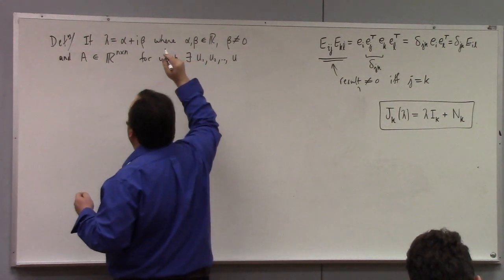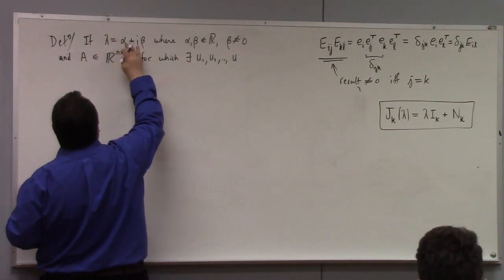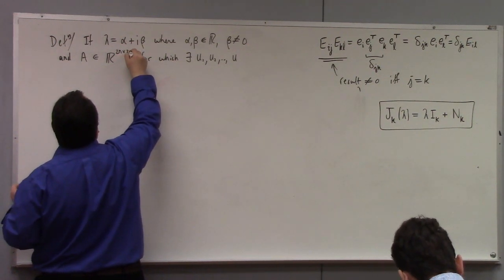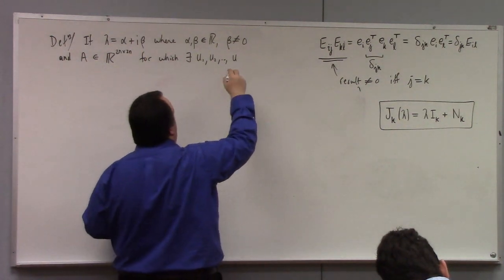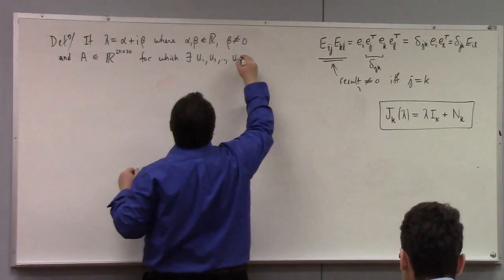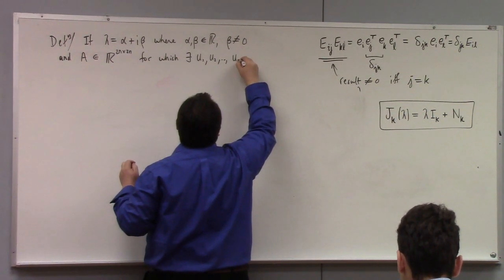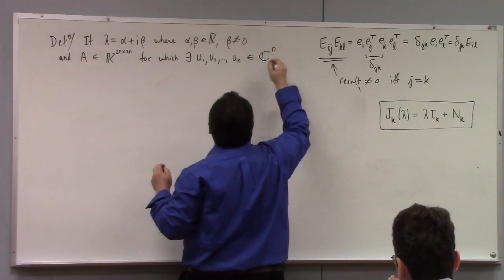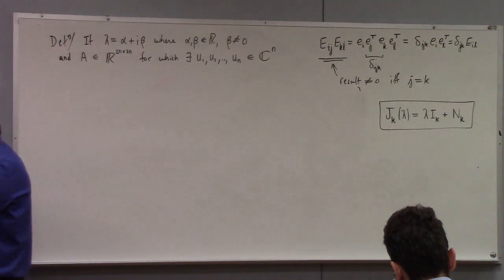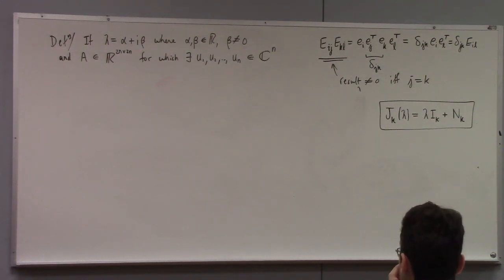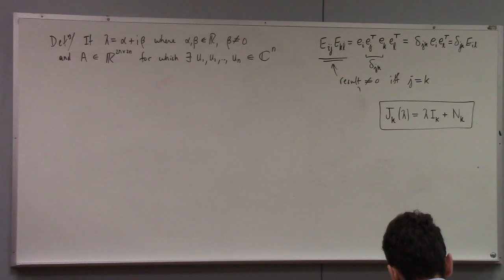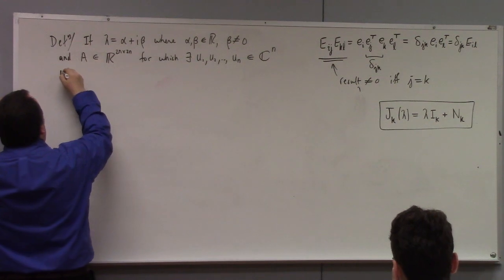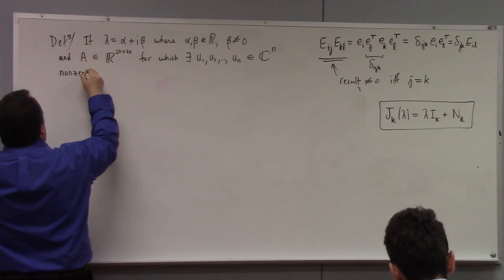Let me make this easy for me. It's not n by n. We're going to talk about 2n by 2n, just for the sake of making life easy for me. So we'll do u1 through un in the complex n vectors. All right, n complex n vectors. Non-zero.